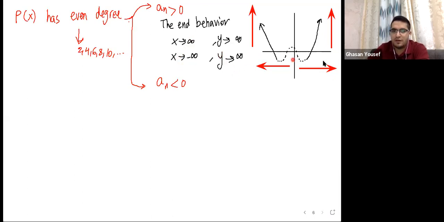In the graph, okay, this is the large. This is the small. For the large, when x goes to infinity, x is increasing, going to infinity. The y value also at the same time goes to infinity. This is the small side. When x goes to minus infinity, the y value becomes large at the same time.